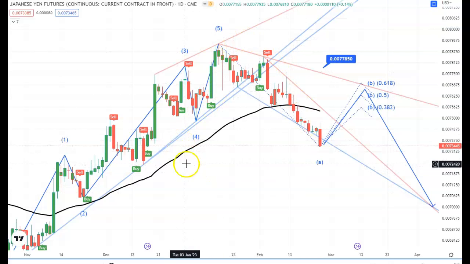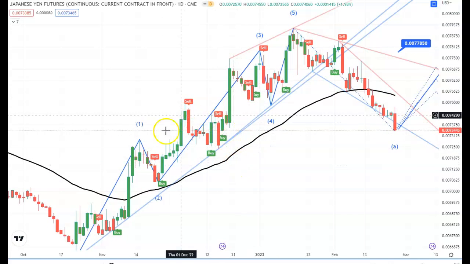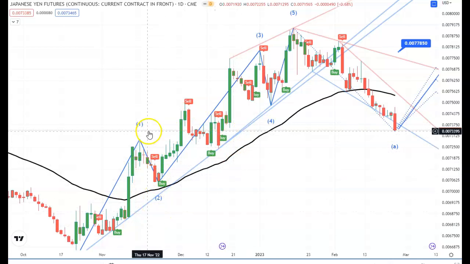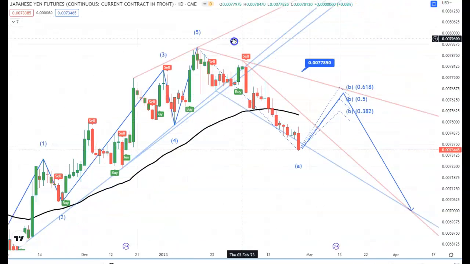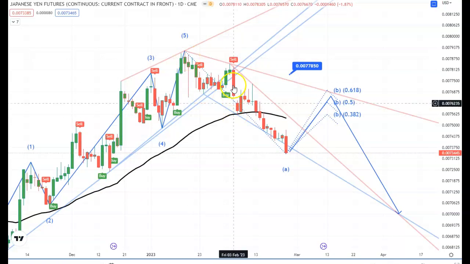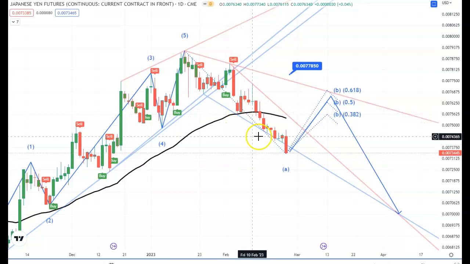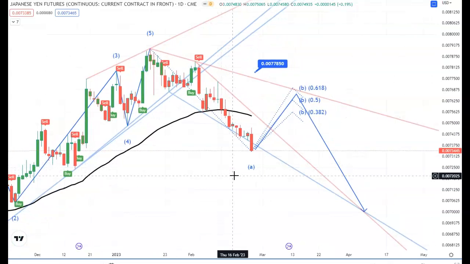So the yen futures was in a buying mode back in November, hit a wave 5 and reversed. Of course, we had a sell signal, and the sell signal is still in play, and now it's below the 50-day moving average. So we expect prices to rebound somewhat.